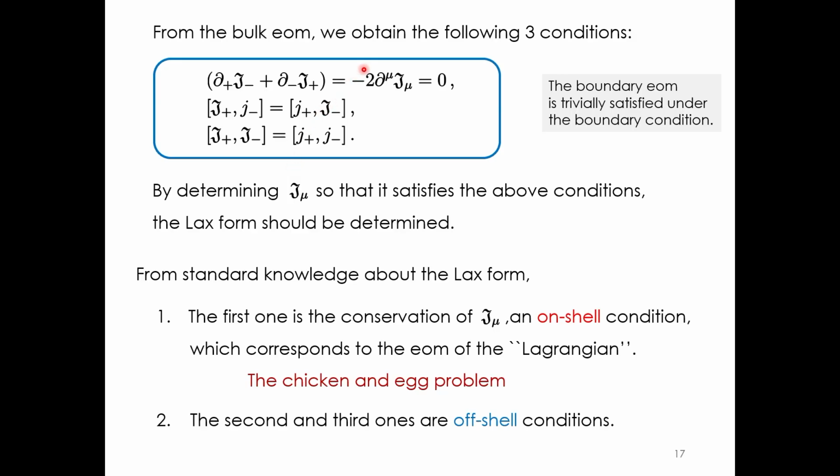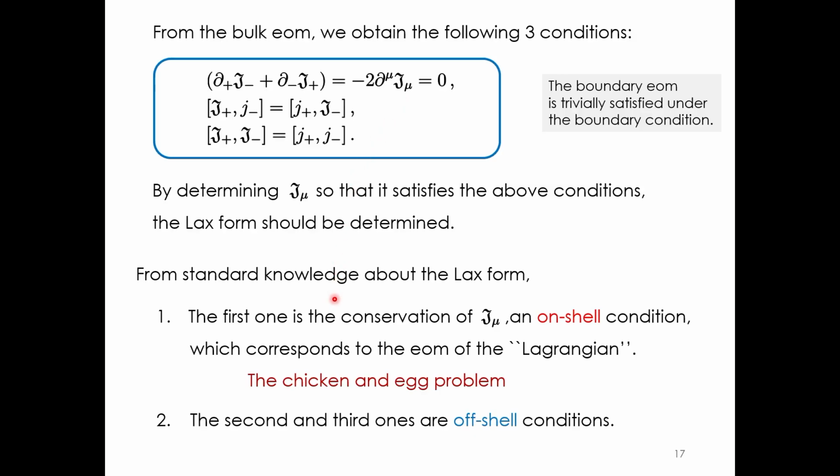The first one is the conservation of curly J. This is just an on-shell condition. I mean, these conditions should be satisfied on shell by taking variations of the true Lagrangian.